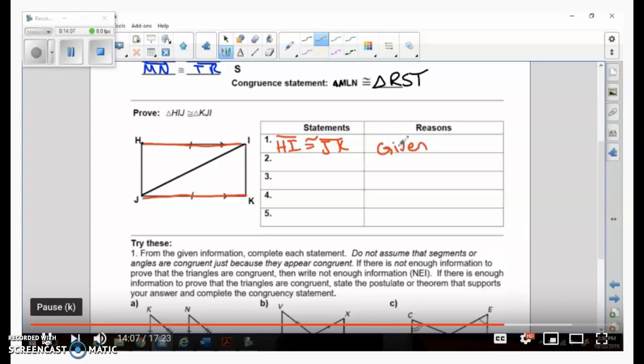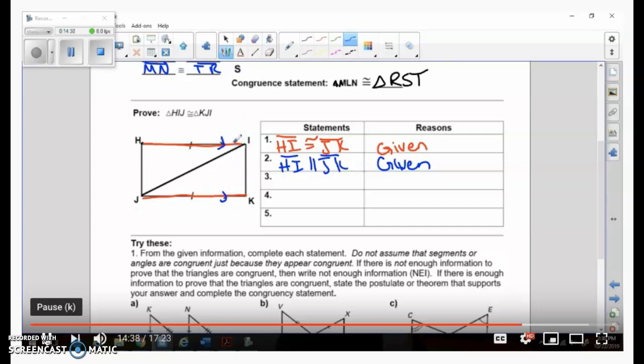We always start with our givens, what it tells us in the prompt or on the diagram. Next, you'll notice there are these little arrows too. Remember what those mean? Those mean that the line segments are also going to be parallel to each other. So HI is parallel to JK, and that is also given.